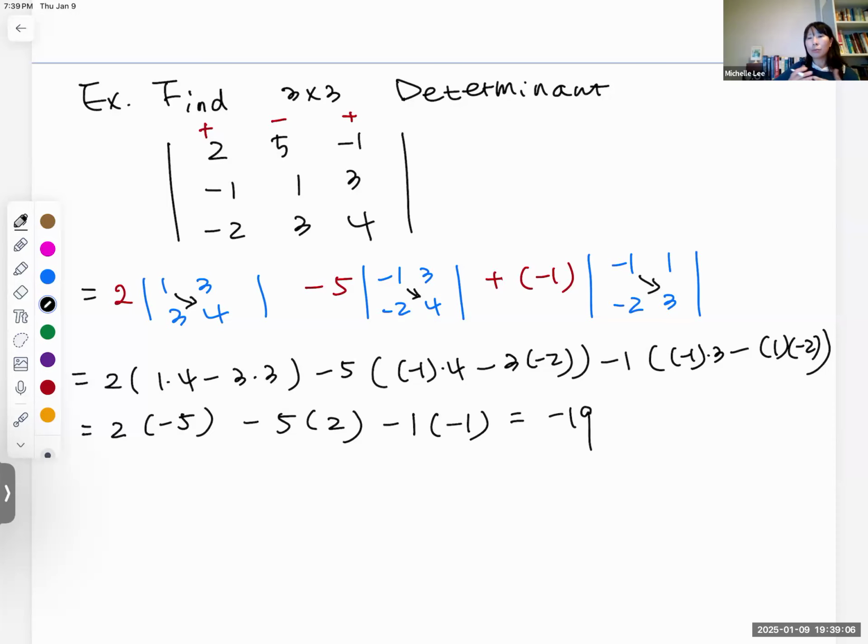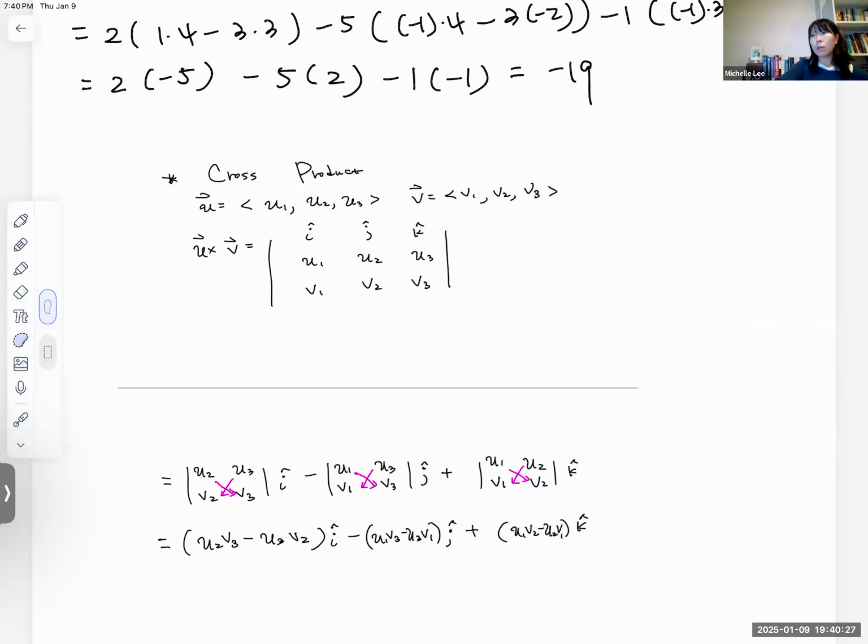Let me write down, actually copy and paste the cross product. Okay, so this is a cross product. We have two vectors, u and v has component. Then cross product, we are using this notation, right?